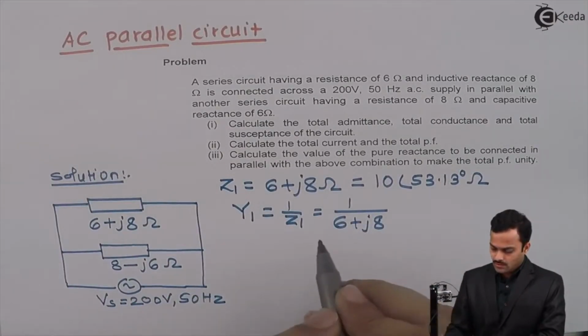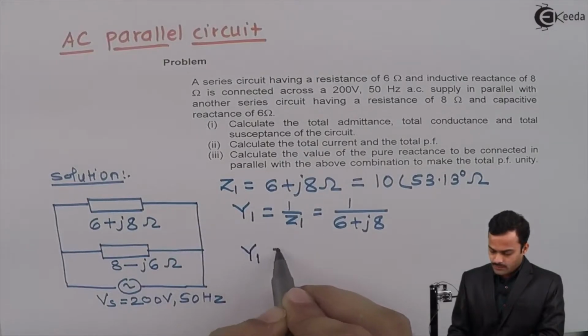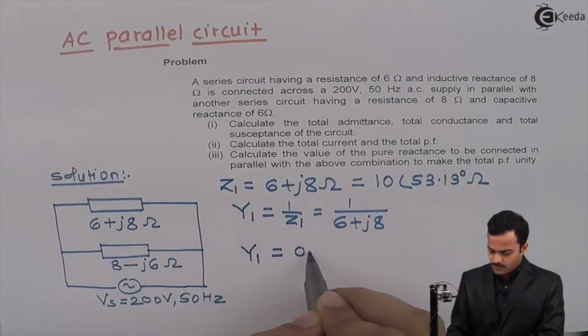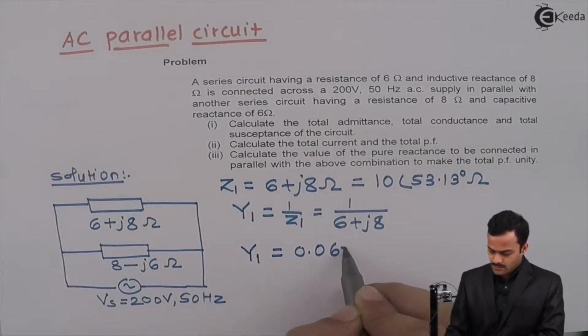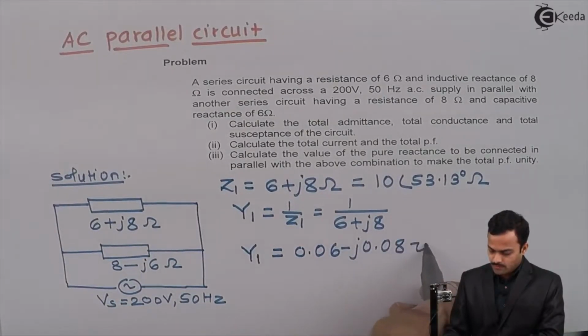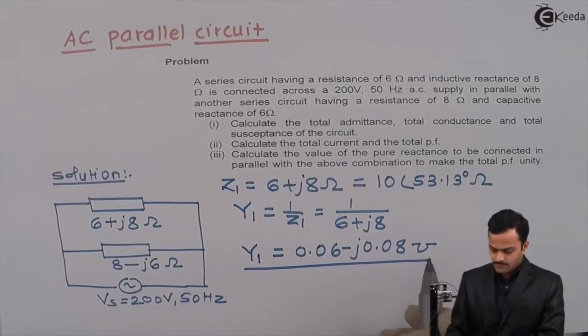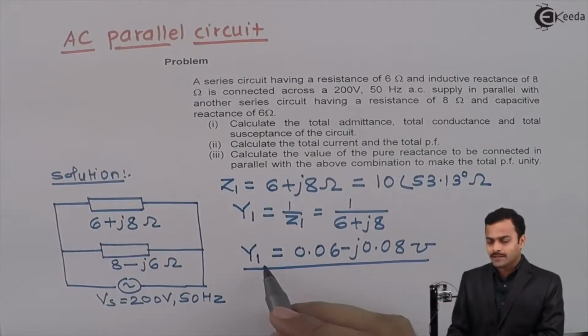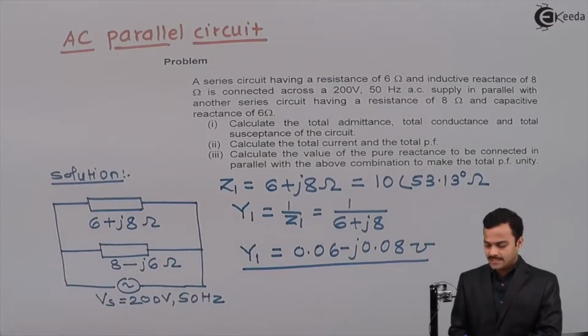If I solve, what I will get? Y1 equal to 0.06 minus j0.08 mho. This is the admittance of the first branch.